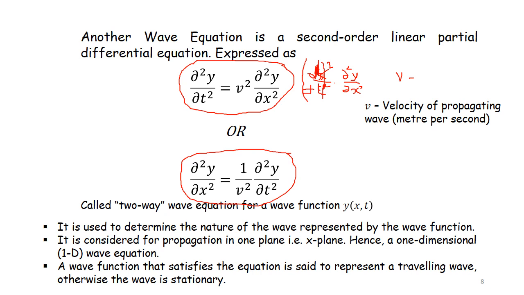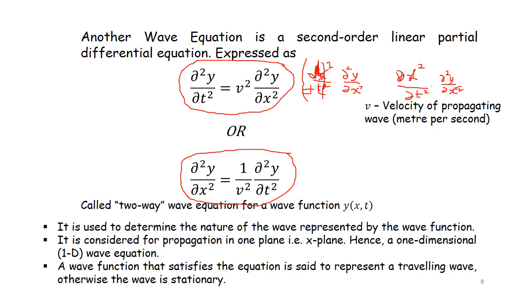If you now open the bracket, you have dx squared over dt squared, then d squared y over dx squared.